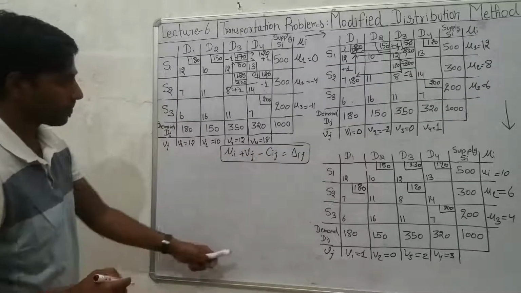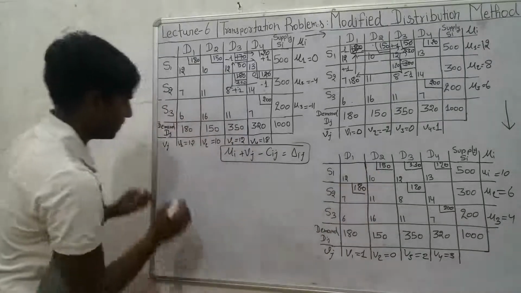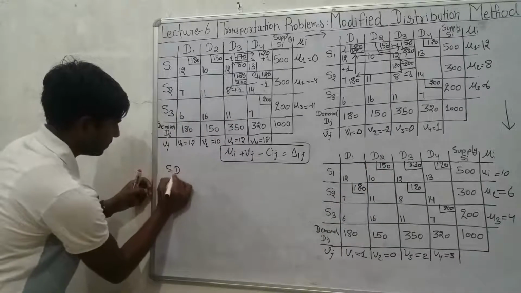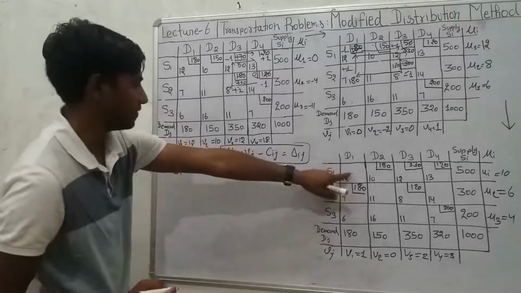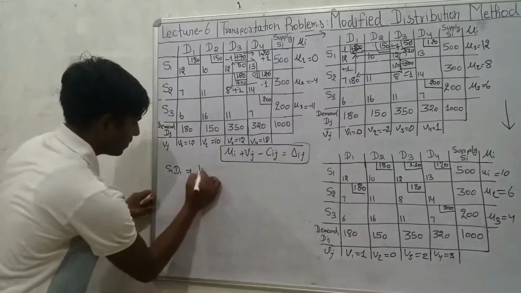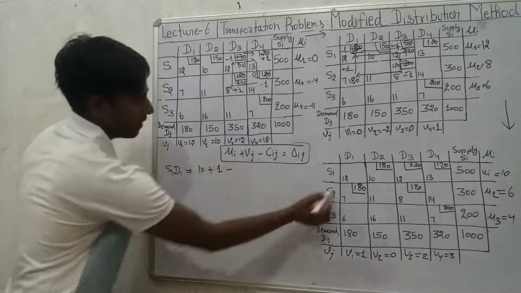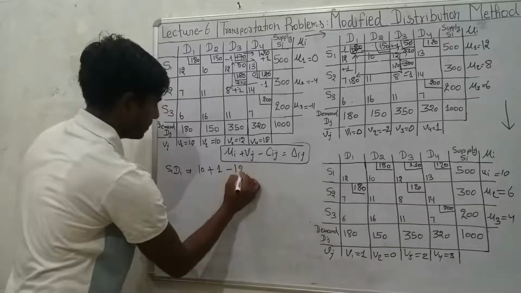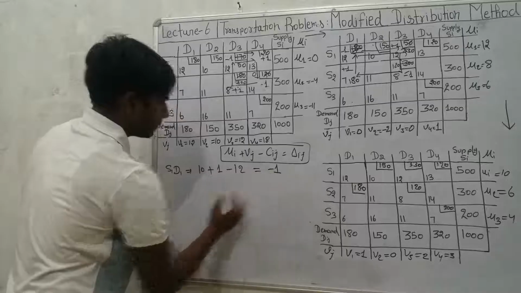So consider the first unoccupied cell, that is S1D1. For S1D1, calculate opportunity cost. For this particular cell, what is the value of U? 10. Value of V1 is 1, minus the cost 12. So delta Ij would be minus 1.